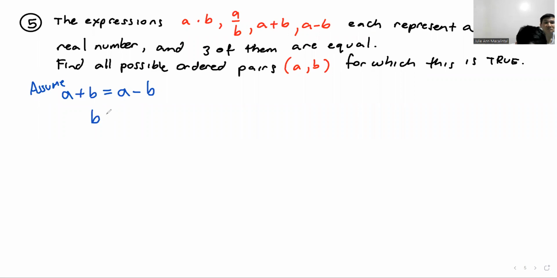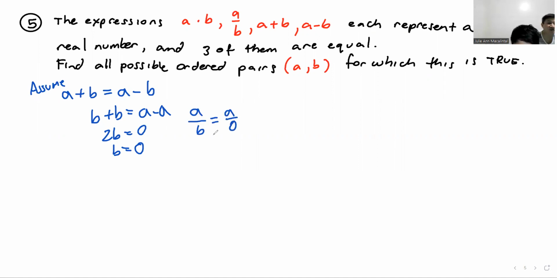Eventually, I was just about to show b is equal to 0, which is impossible. Why? Because a over b is equal to a over 0.